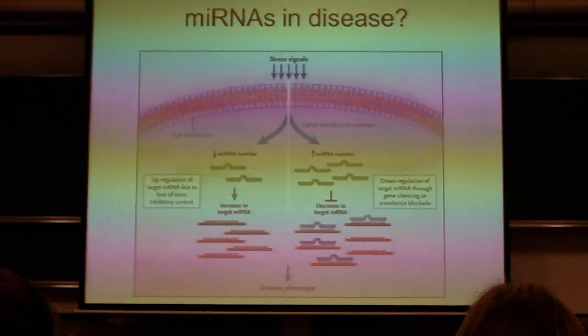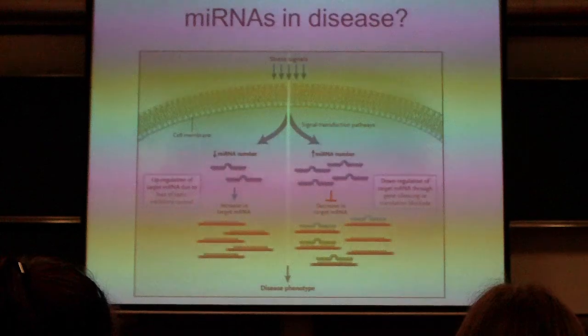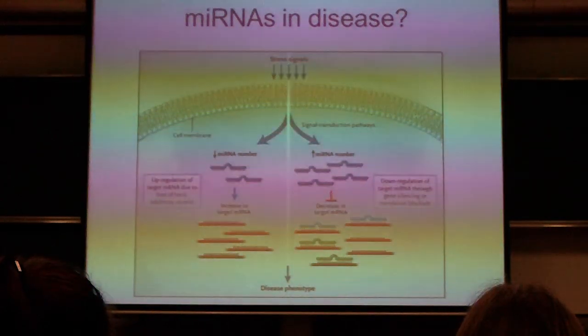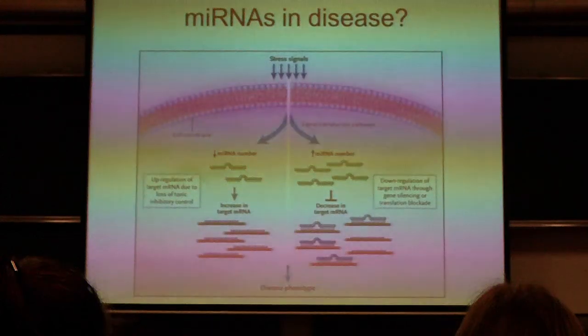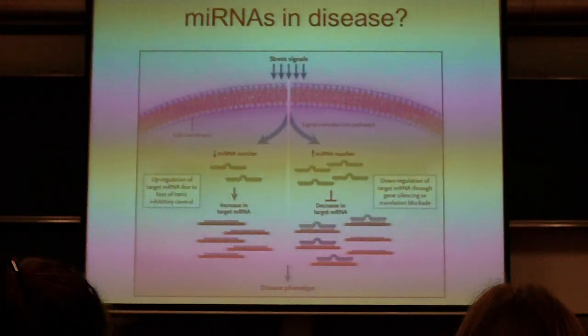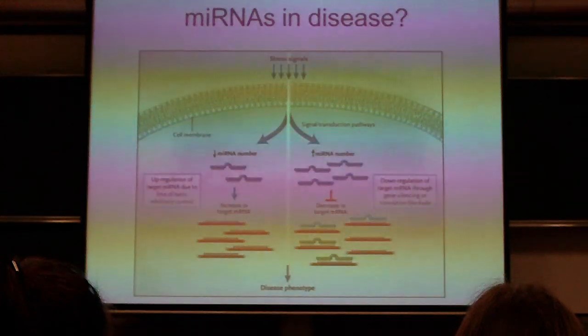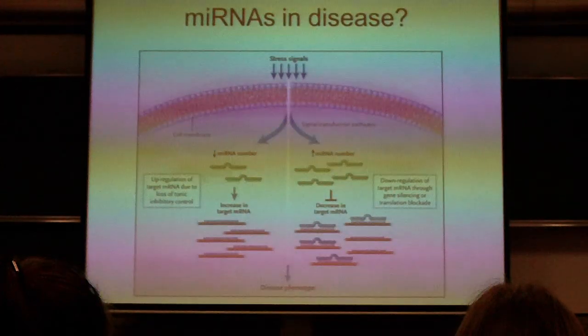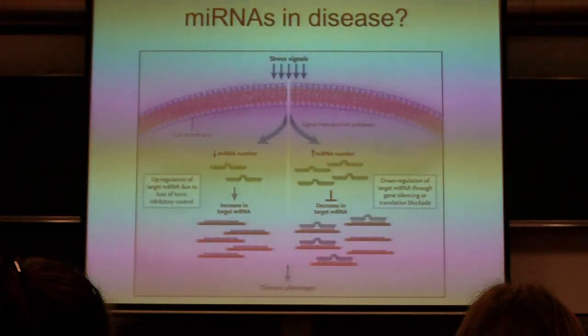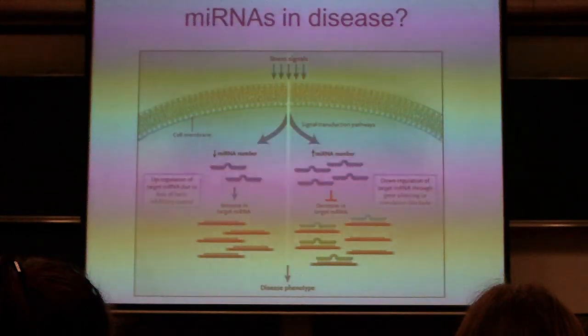So what about the role of microRNAs in disease? In disease you have stress signals, very general. A cell encounters a stress signal that is introduced by a pathogen, a virus, a bacteria, or by cancer cells. Cancer is also stress. Or, for example, in terms of the heart, it's introduced by high blood pressure or an infarction.